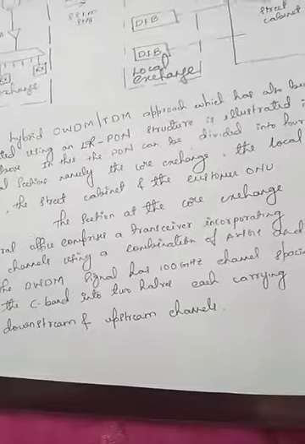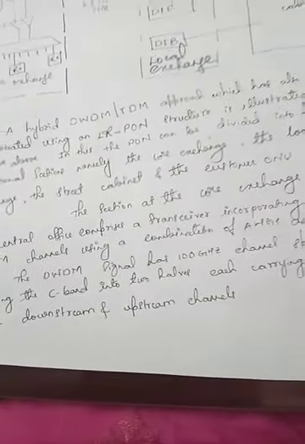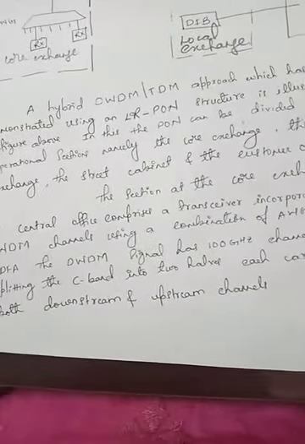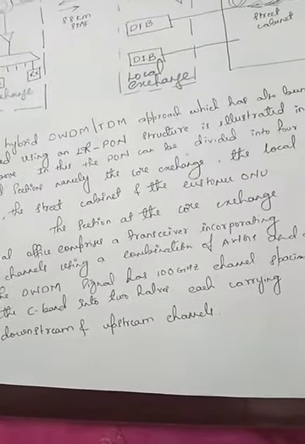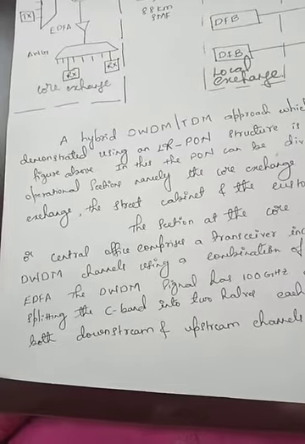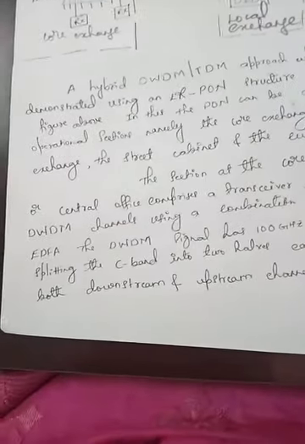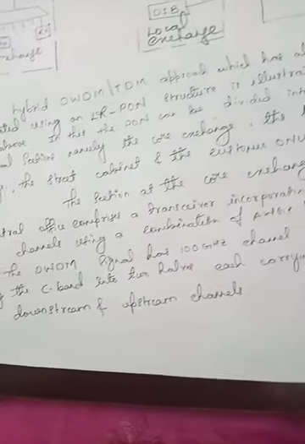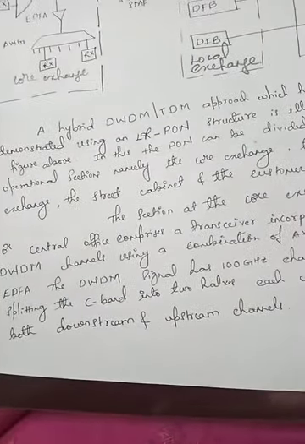The section at the core exchange or the central office comprises a transceiver incorporating DWDM channels using a combination of AWG and an EDFA, erbium doped fiber amplifier. The DWDM signal has 100 GHz channel spacing, splitting the C-band into 2 halves, in which each carries both downstream and upstream channels.